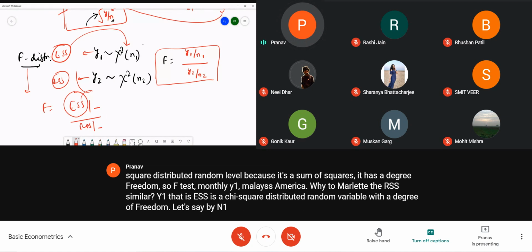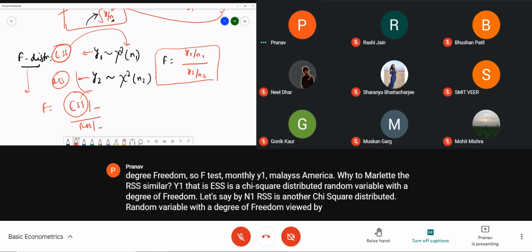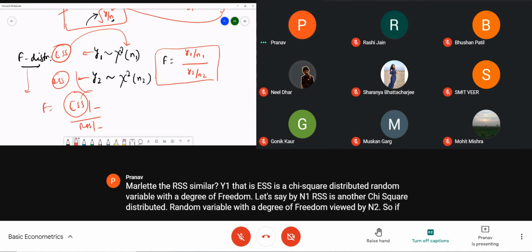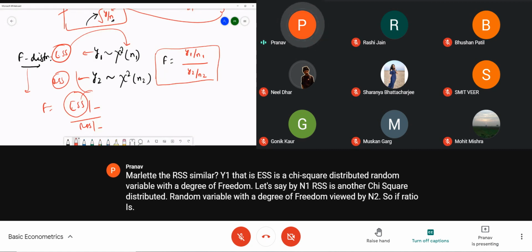RSS is another chi-square distributed random variable with a degree of freedom given by n2. So F ratio is defined in terms of these two independent chi-square variables. चलेगा?